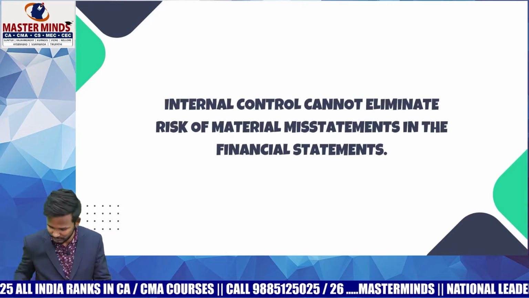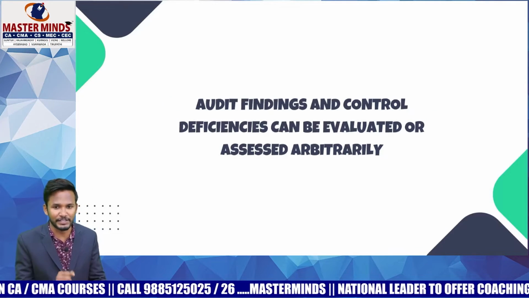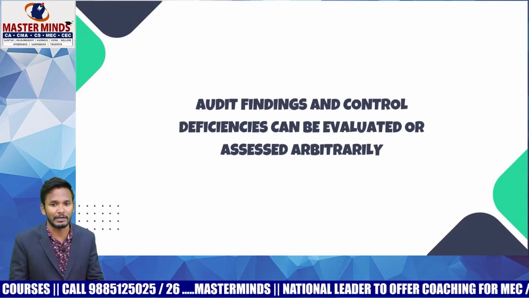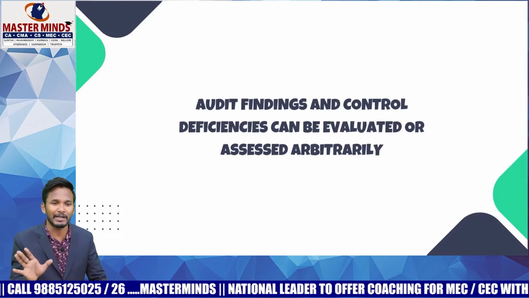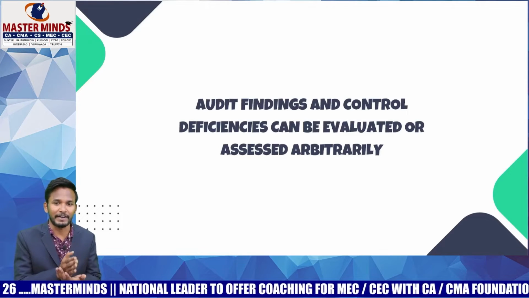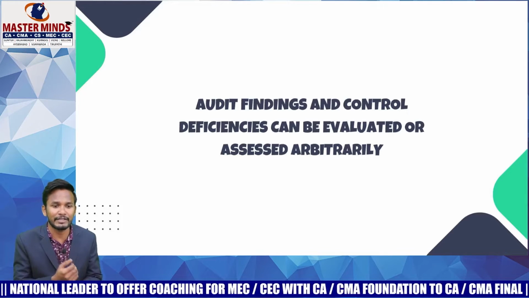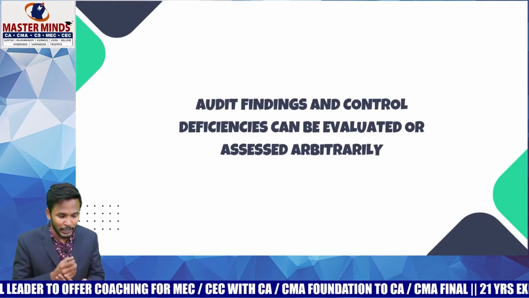Yes. So next one, audit findings and control deficiencies can be evaluated or assessed arbitrarily. Now this statement again is a copy paste from the standards. The words here: audit findings and control deficiencies can be evaluated or assessed. Who will evaluate that? Obviously the auditor.